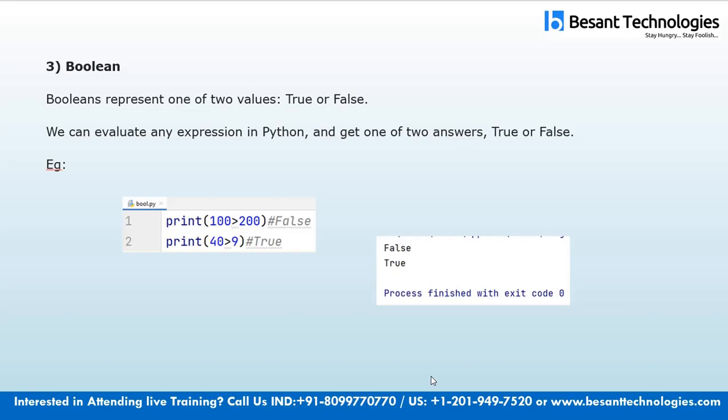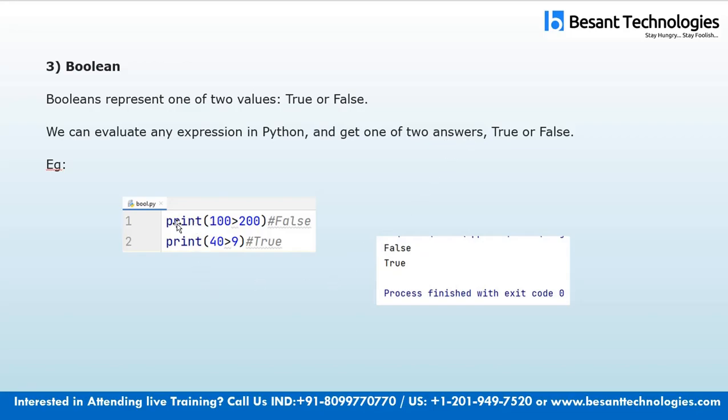Next one, Boolean. Boolean represents one of two values, true or false. We can evaluate any expression. What is an expression? An expression contains a combination of operands and operators. It will produce a single output. So we can evaluate any expression in Python and get one of two answers, true or false.